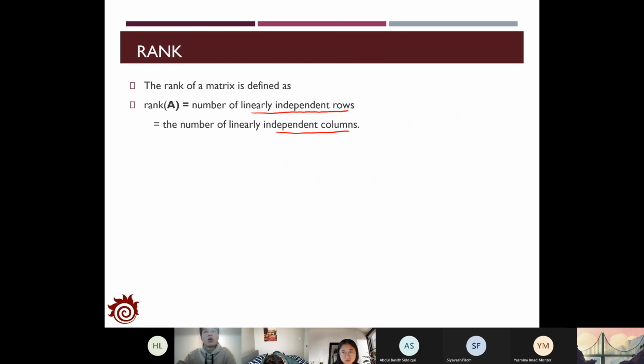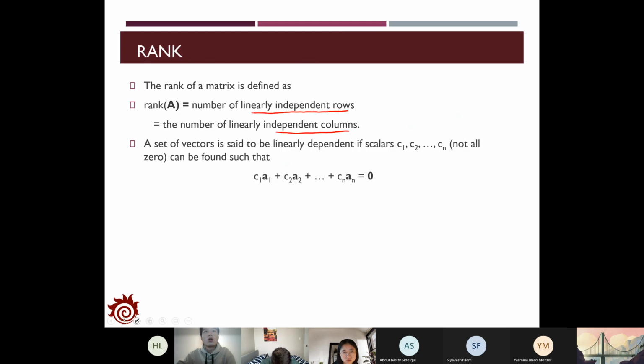And we also have some definitions about independent vectors, independent rows or independent columns. Each row is one vector, each column is also one vector.